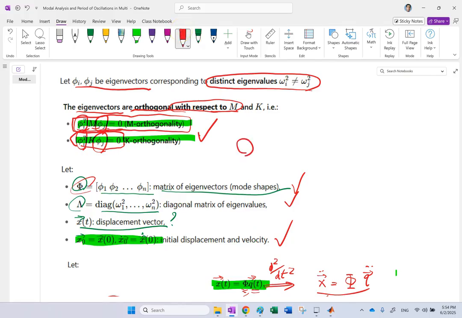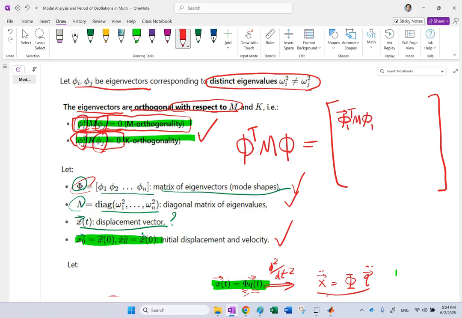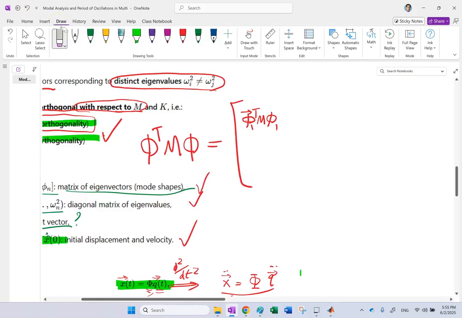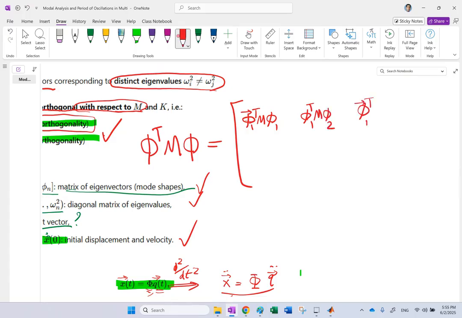So when I do the whole matrix phi transpose times m times phi, it is going to be something like this. In the 1,1 element of that, it is going to be phi 1 transpose, where this is the vector, times m times phi 1. That's element 1,1. What's element 1,2? That is going to be phi 1 transpose m phi 2, phi 1 transpose m phi 3.